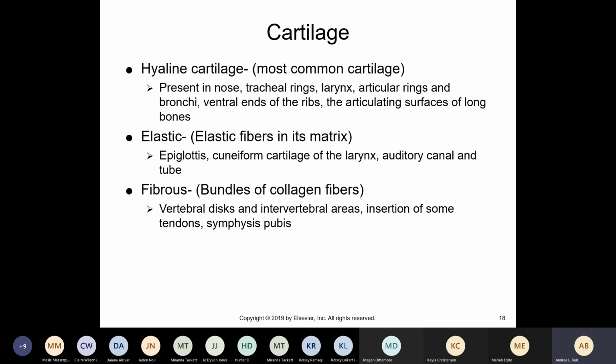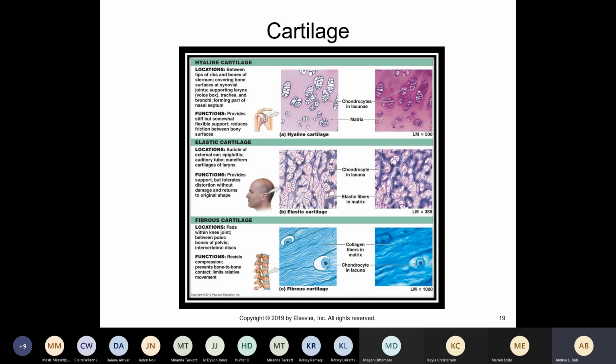And then where the pubic bone comes together, right in the middle, that's called the symphysis pubis. And that is also fibrous. And again, kind of telling you again where those are located. So this is a kind of a good chart to look at if you're studying and you kind of want to know and have some visual of where those different types of cartilage are found.